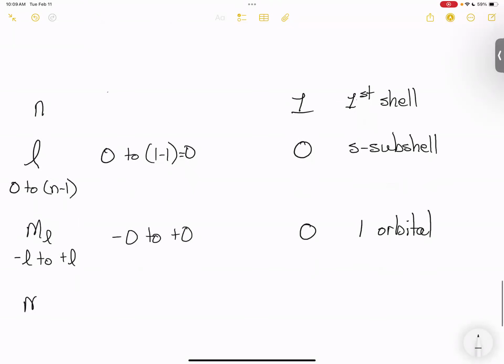And m sub s can be a plus 1/2 or a negative 1/2, and we do put them in that order. So in other words, we can have a plus 1/2 or a negative 1/2. And this is the actual electron, the orbital.